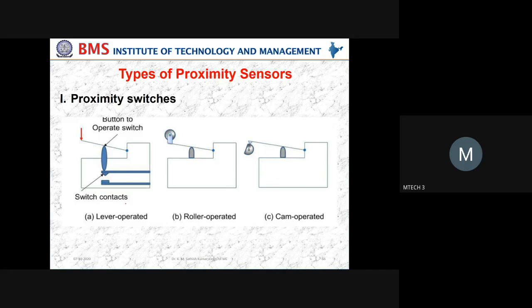Whenever the lever is operated, when I apply a load onto it, it will come down, and the switch is going to close or open.